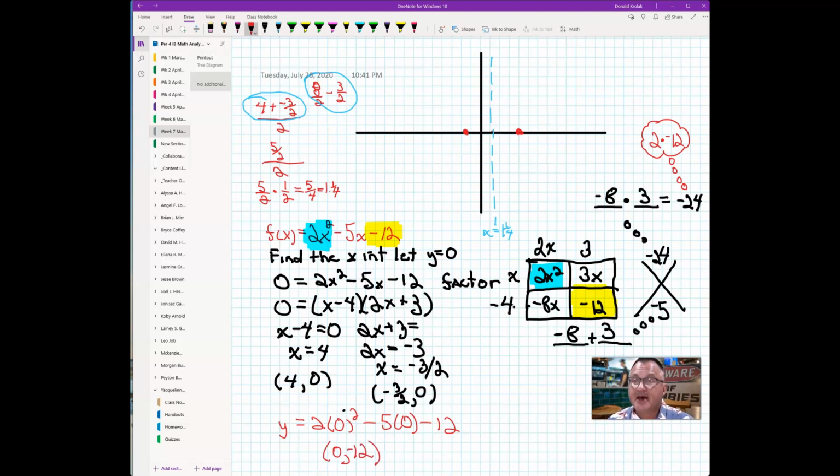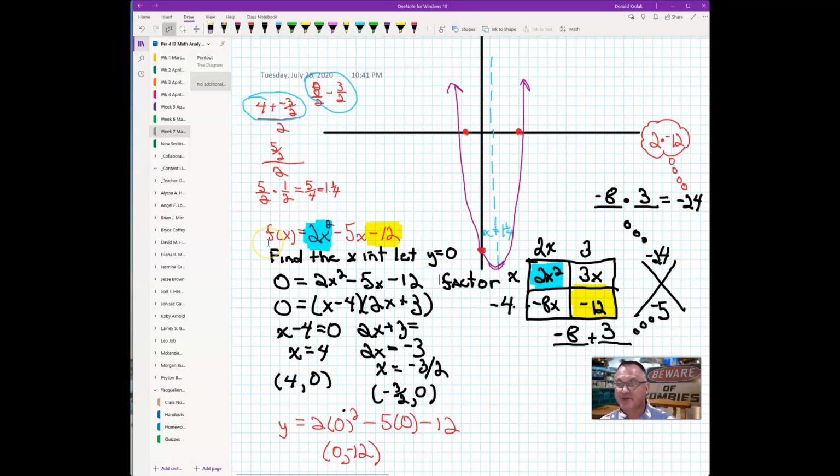I plot that, and then I'm going to sketch my graph. There's my negative 12 y-intercept. Remember, this line here cuts the parabola in half, so the vertex of the parabola is going to be down here somewhere. Oh my, that's pretty bad, but I'm not going to erase it. You get the idea. All right, so that was the first two.